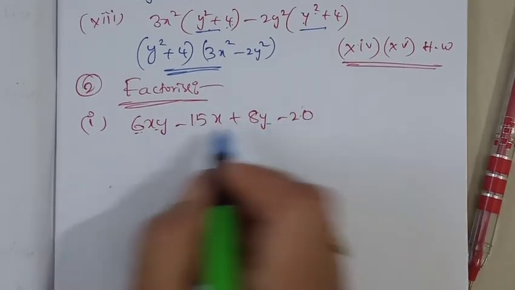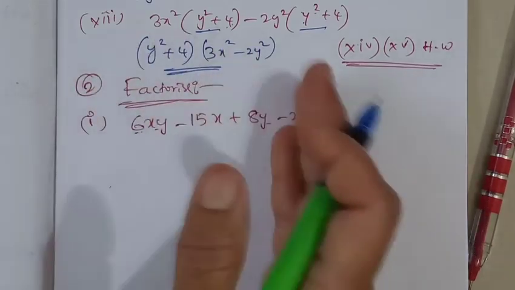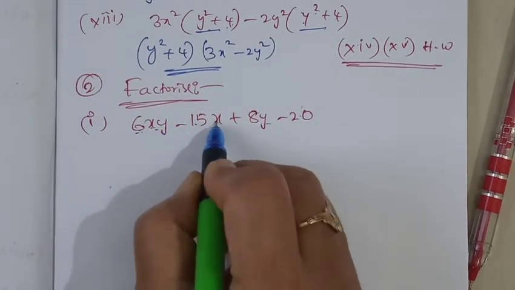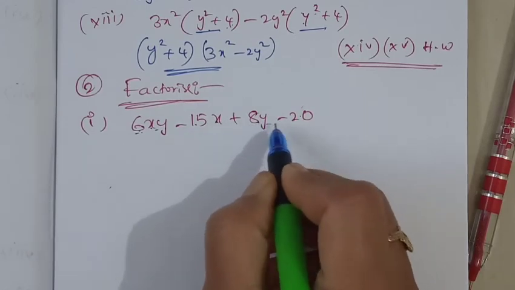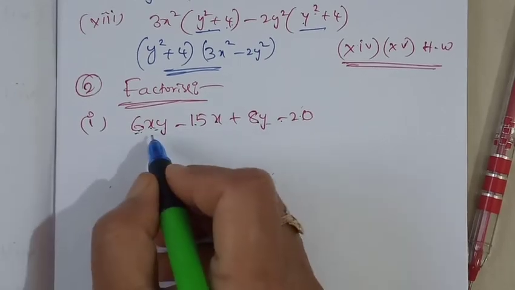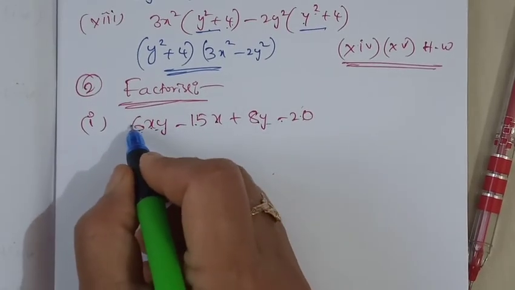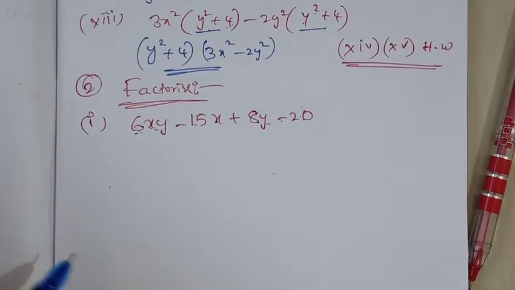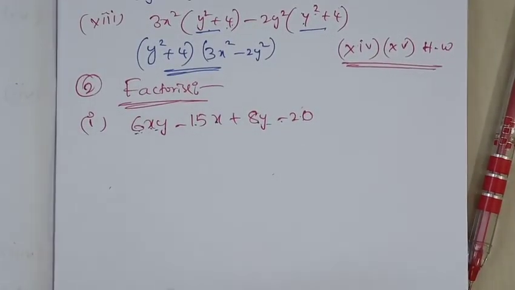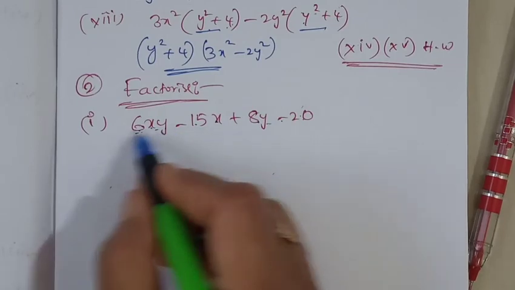We can split them into two terms, like two binomials. So 6xy, 15x, 8y, 20. The first method I discussed was taking out common. Second method is grouping the terms. Now this is the second bit, grouping method.